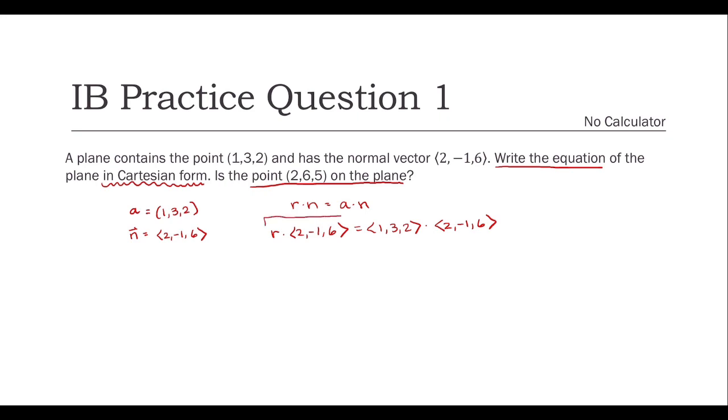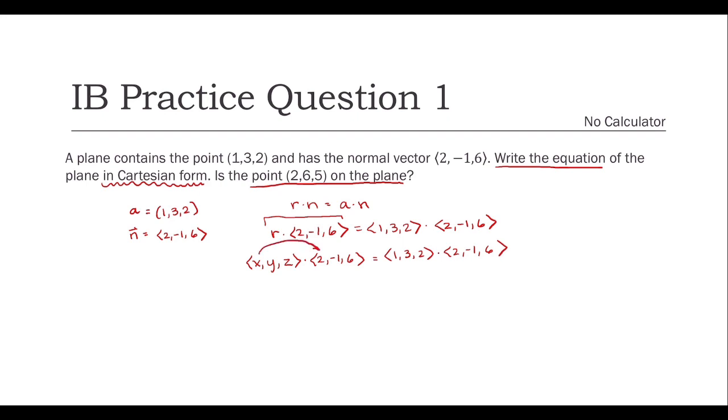So for our first part, we'll split r to be our x, y, and z. So we have x, y, z dot 2, negative 1, 6 equals 1, 3, 2 dot 2, negative 1, 6.